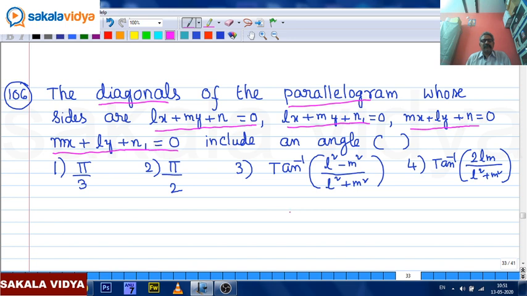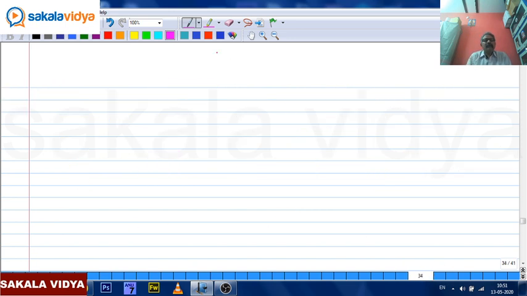So first of all, solution. What are the given lines? Lx plus my plus n equals to 0, say equation 1.